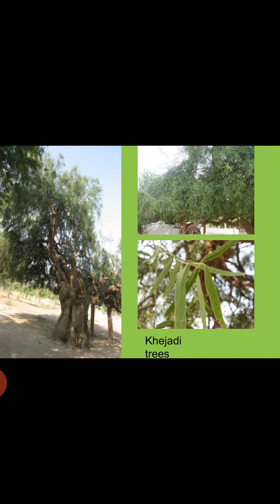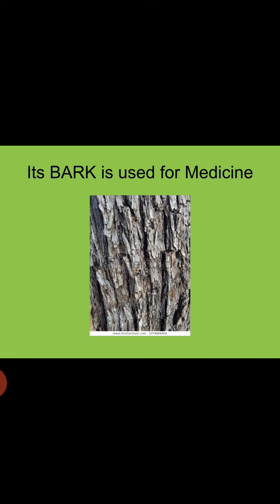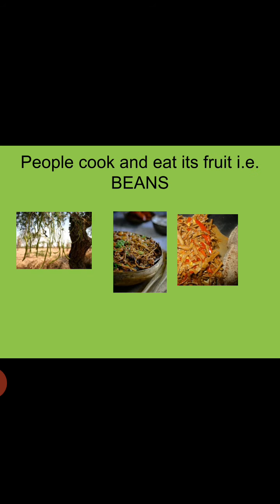You can see in this picture that the Khejri tree has a broad, thick trunk and long elevated leaves, and this tree is very useful from its roots, bark, leaves and fruits, which are called beans. It is very useful in the life of the people of Khejri village. The next picture is its bark, which is used for medicine.